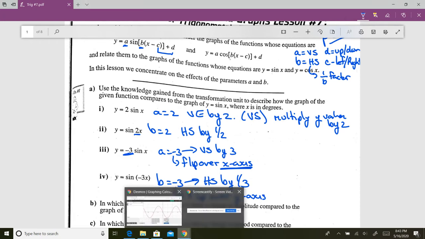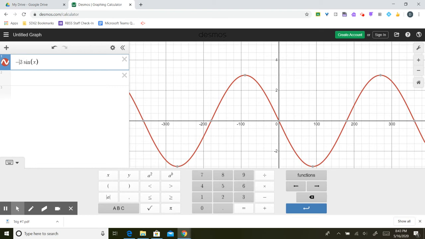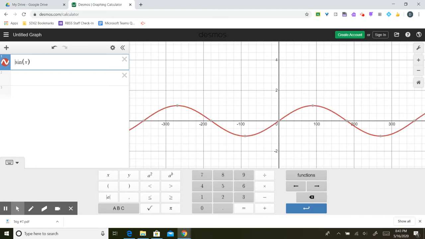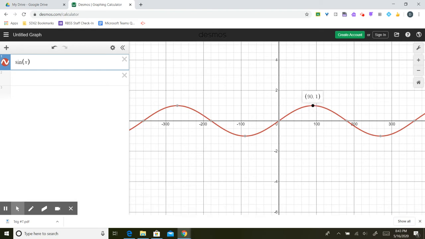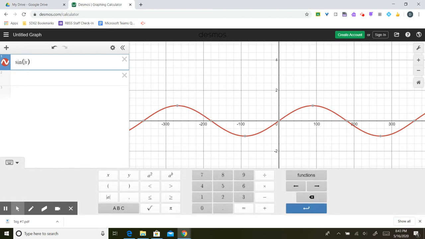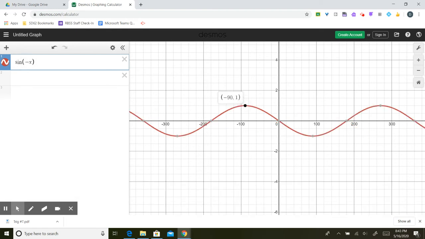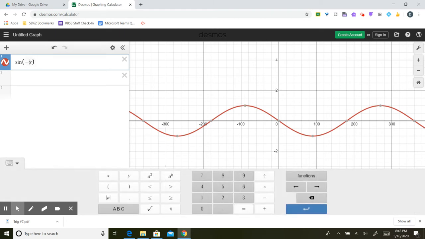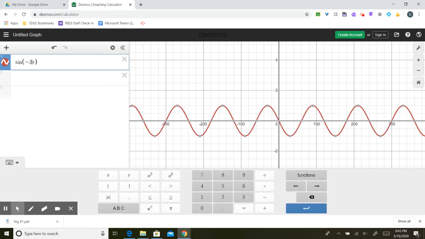So let's go back, erase all this. So we have regular sine. You'll see as soon as I put the negative, this point here, we have 90, goes to negative 90, across the y-axis. Boom, there it is right there. Negative 90. And then if I put the 3 in, it compresses it horizontally. Okay.